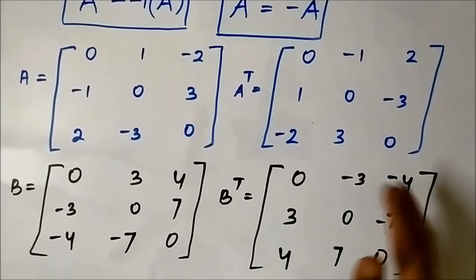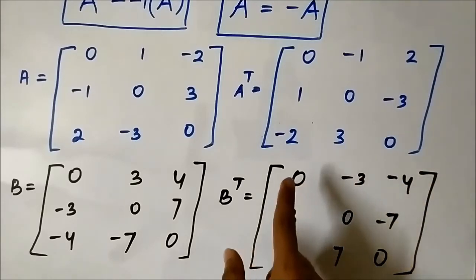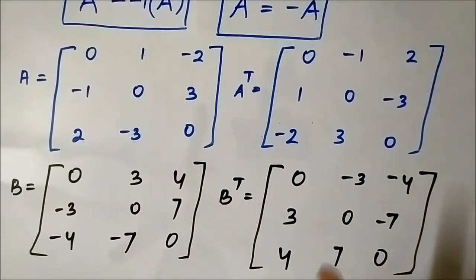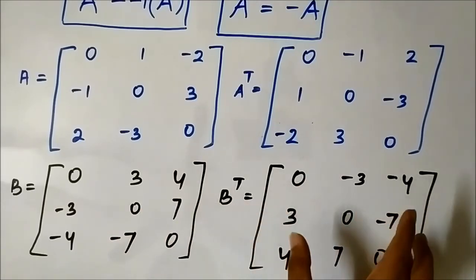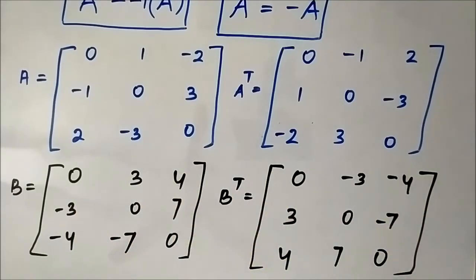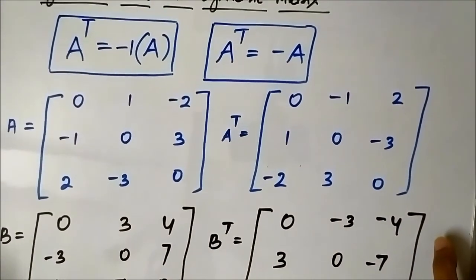Again in this matrix, magnitude wise each of the elements is the same, but the only difference is that each element in the transpose matrix is multiplied with minus 1 with respect to the original matrix. So this is the basic definition of a skew symmetric matrix.